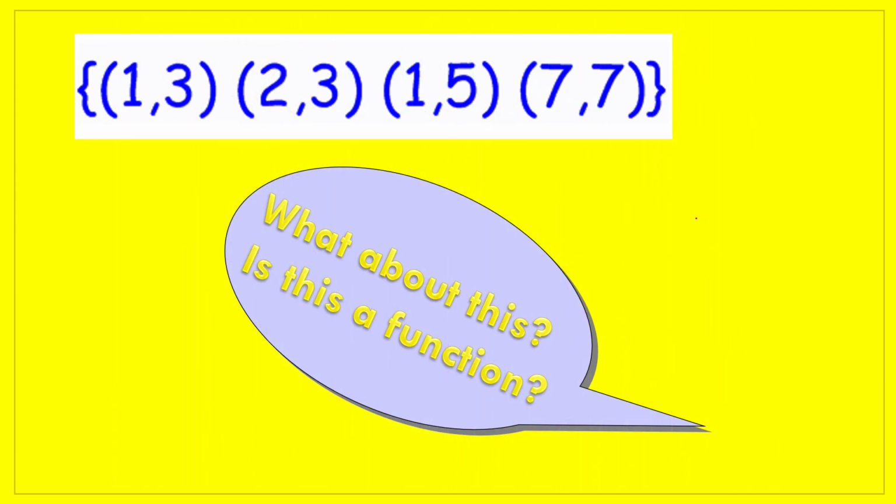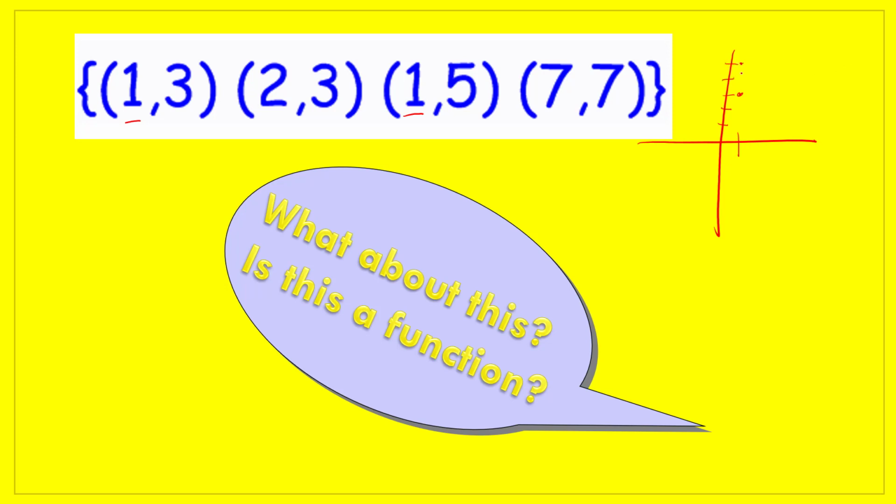What about this? Is this a function? Well, it's definitely a relation. We got a list of ordered pairs, but is it a function? Well, I have an x of 1. Wait a minute. I have another x of 1. So if I graphed 1 up 1, 2, 3, that's going to end up there. And if I graph 1 up 3, 4, 5, that's going to end up there.